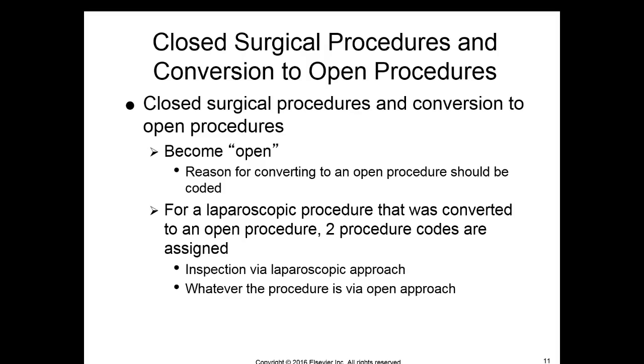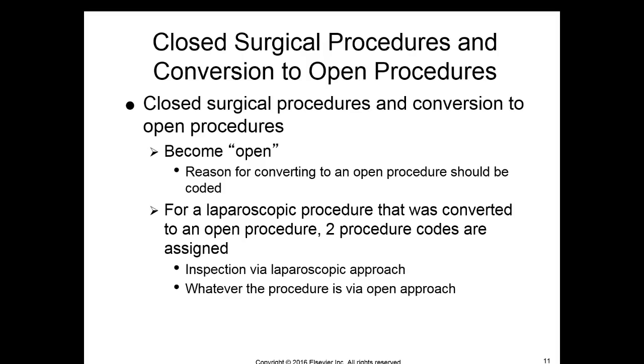But what happened is this patient had extensive adhesions of the gallbladder, so they had to convert it to an open cholecystectomy. So when we look at our diagnosis codes, we have a code for the chronic cholecystitis, and we have a code for the cholelithiasis.